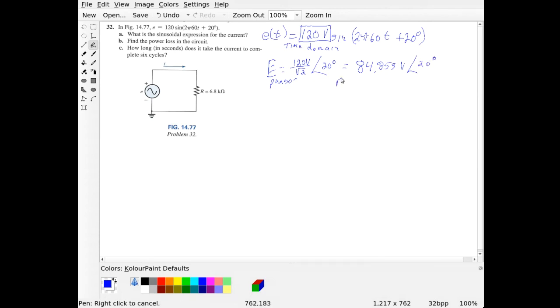And in Blackboard, I need 3 significant digits. So I need these 3 digits, but because I have the 5, I need to round that up. So I would have 84.9 volts at an angle of 20.0 degrees. Okay, so that's how we want to write that.